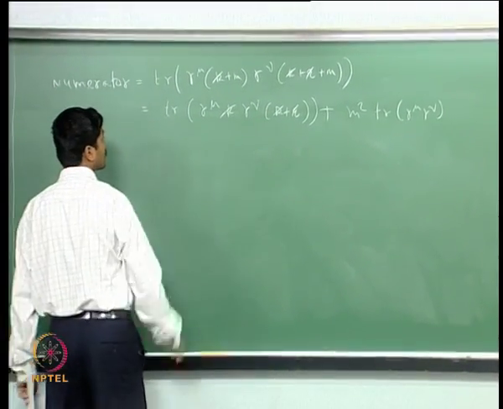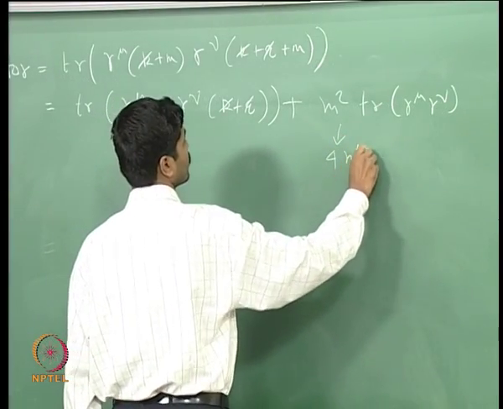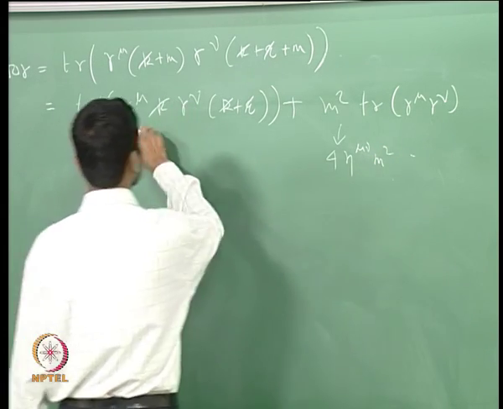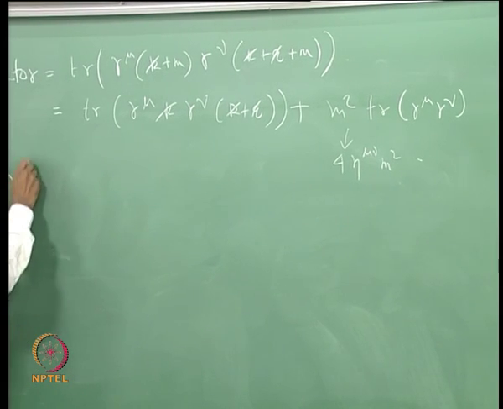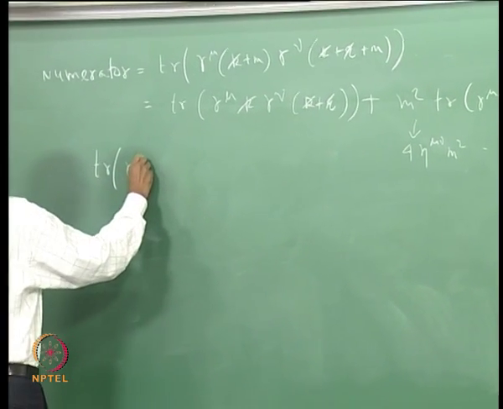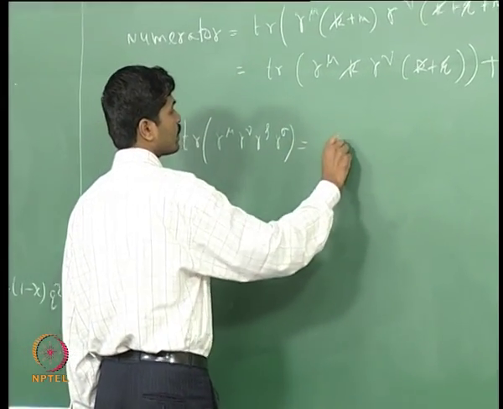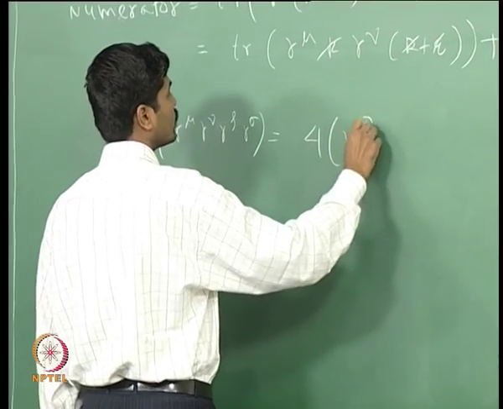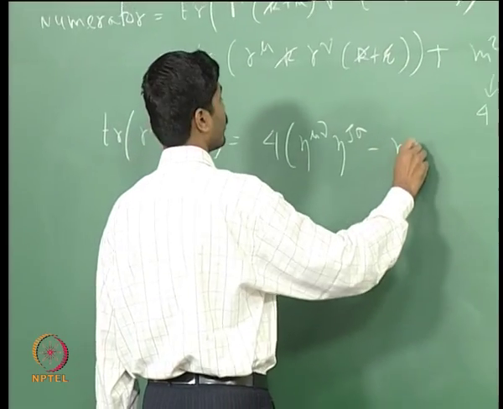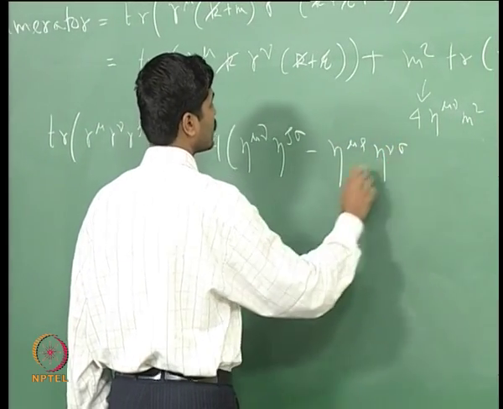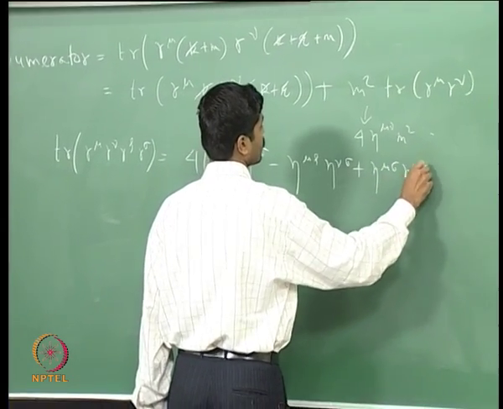So, this is what you will get, and this term here is merely given by 4 eta mu nu m square, and this term involves 4 gamma matrices. So, we know what the trace of 4 gamma matrices is. The trace of gamma mu, gamma nu, gamma rho, gamma sigma is basically given by 4 times eta mu nu eta rho sigma minus eta mu rho eta nu sigma plus eta mu sigma eta nu rho.